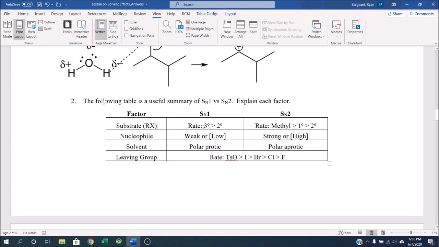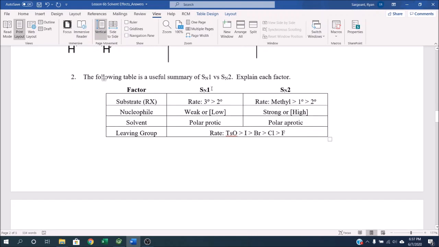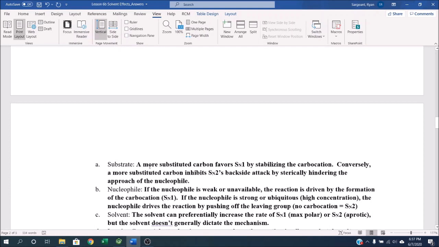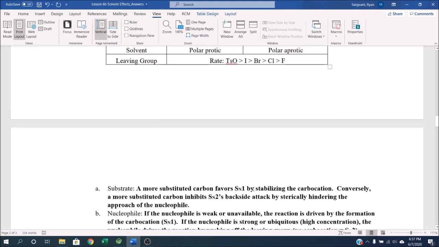If it's a secondary compound that goes SN1, it'll go much slower. So we want to describe what's going on right here. In words, a more substituted carbon favors SN1 by stabilizing the carbocation. If it's a tertiary, then we expect it to go SN1 because we can stabilize the carbocation intermediate.